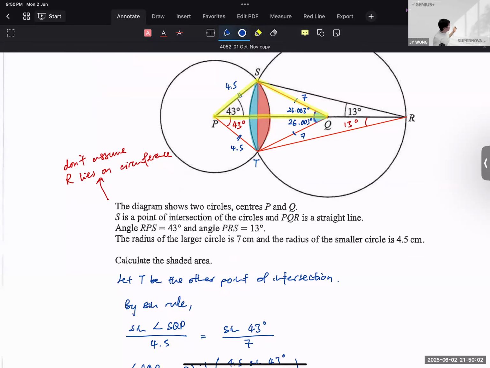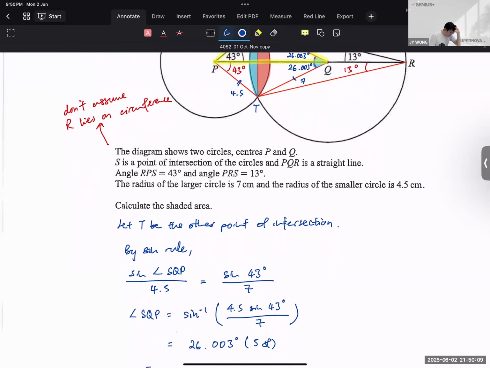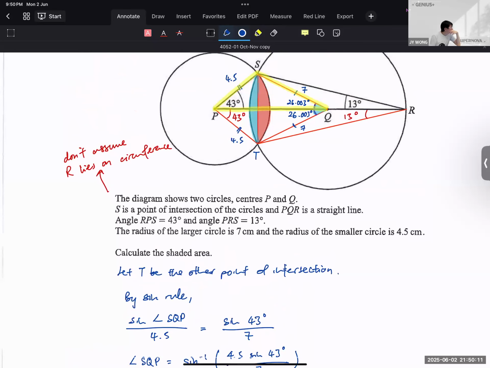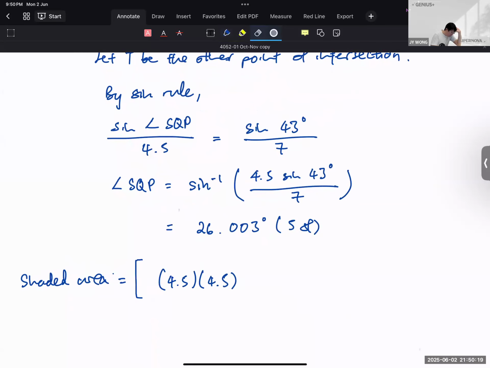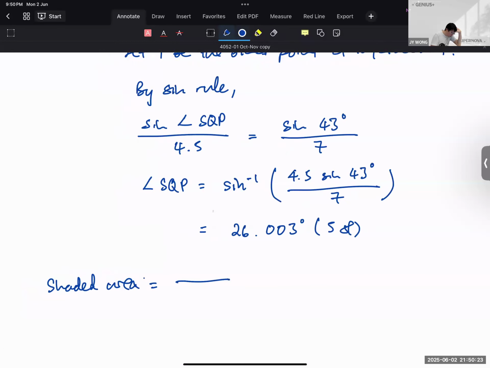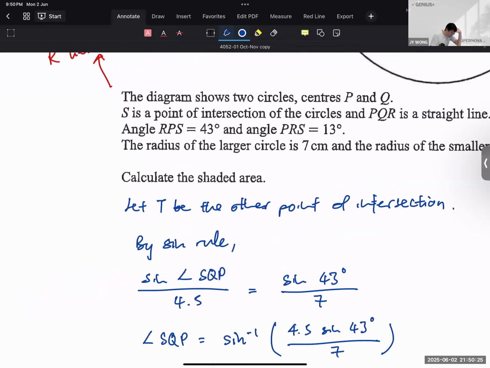But please remember one thing: half R square theta is in radian. What would it be in degrees? It is theta over 360 times pi R square. So be very careful. We are using degrees. So what's your theta? Theta is 86 degrees.